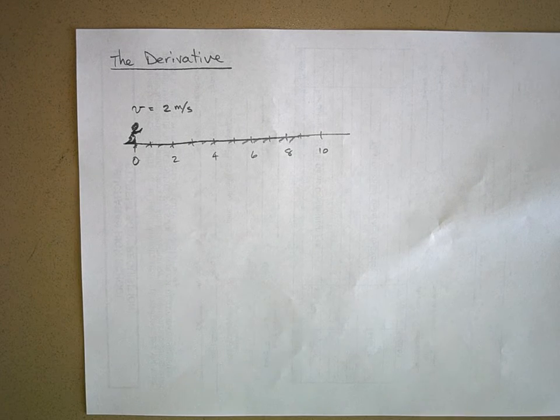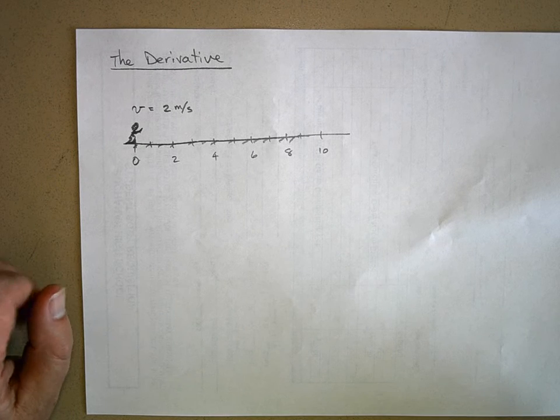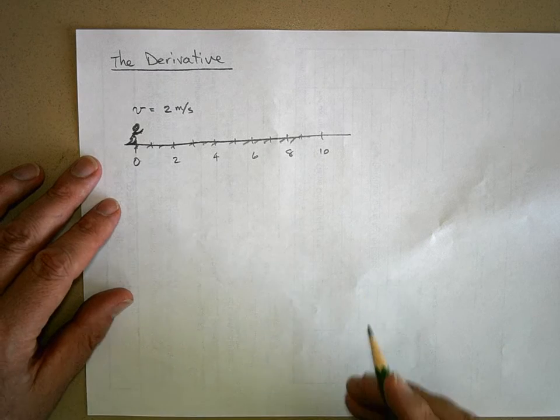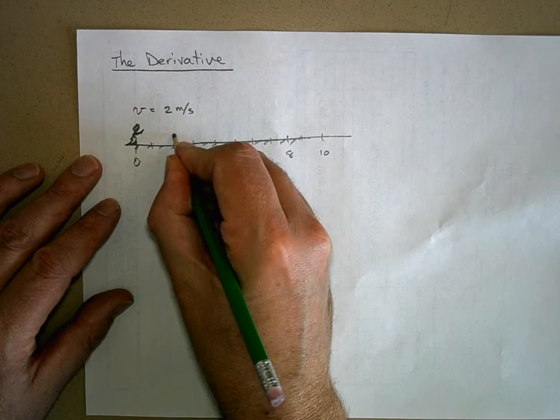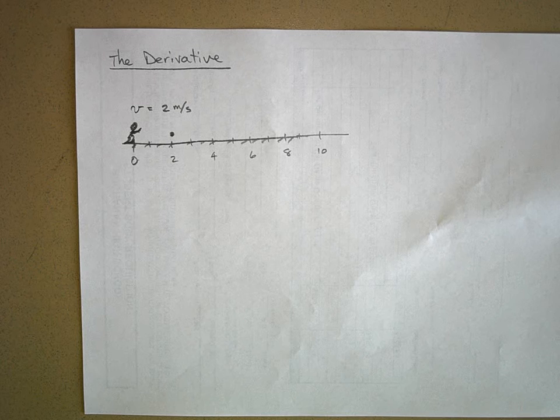And in physics, we quite often make things simpler for ourselves by just saying, hey, we're just going to pretend this person is a particle. So at 1 second, instead of drawing them like this, I'm just going to put a dot. So there, I've just reduced that person to a dot. In fact, we call it a particle. And a particle is a point in space.